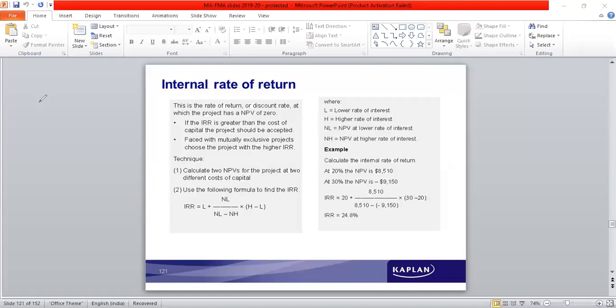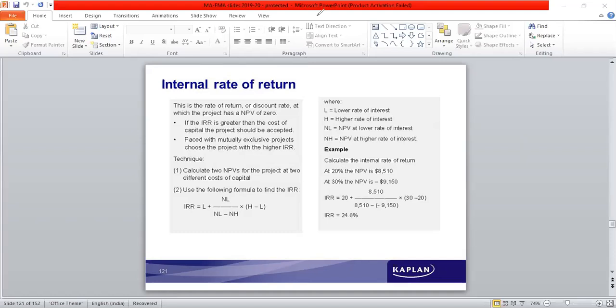NPV at the lower rate is 8,800. Lower rate is 15%, so we got it as 8,800, divided by the difference between the two NPVs, NL is NPV at the lower rate, NH is NPV at the higher rate. After that, into the difference between the rates H and L.